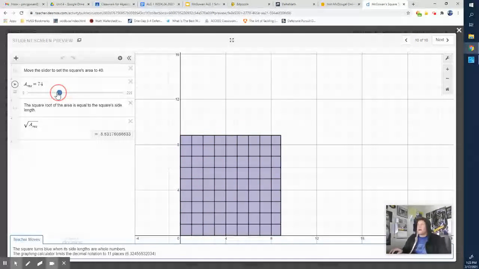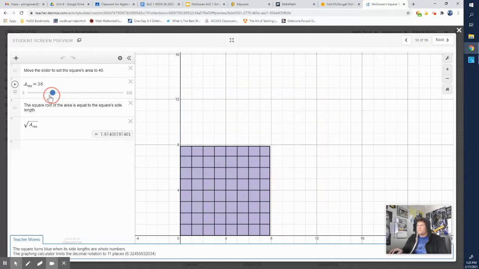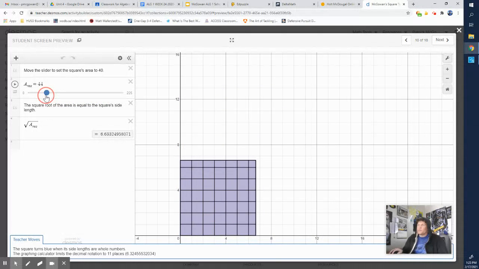But we could actually have a bunch of different types of areas. It just would not always result in a clean side length. And we realized that more often than not, it was going to be an ugly looking decimal that goes on forever and ever without stopping. It was going to be an irrational number.